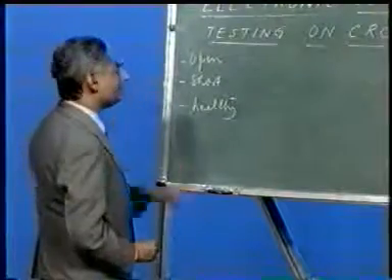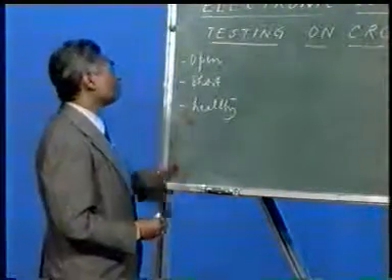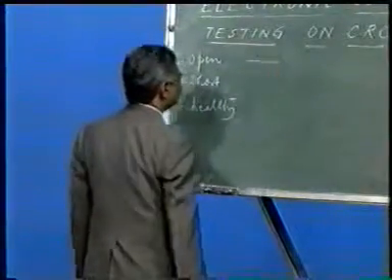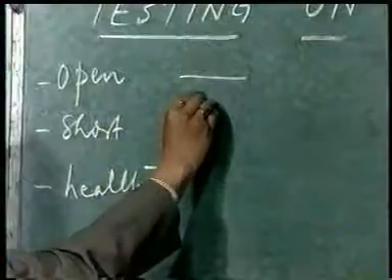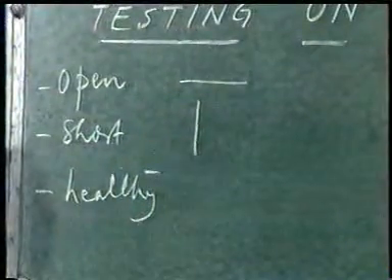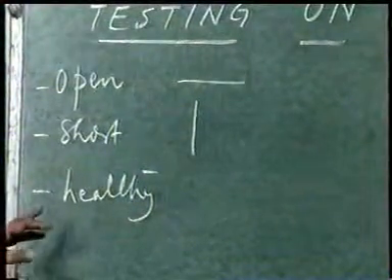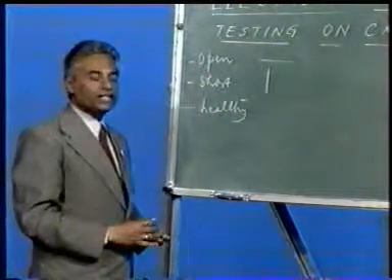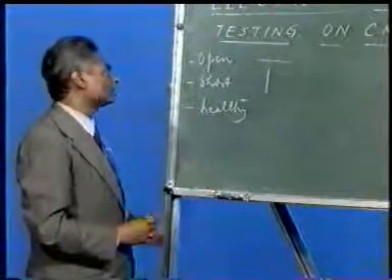If a component is open, the CRO is going to show you a horizontal line. If it is short, the CRO is going to show you a vertical line, and if otherwise, that means healthy, it will depend from component to component what type of figure you are going to get on a CRO screen.